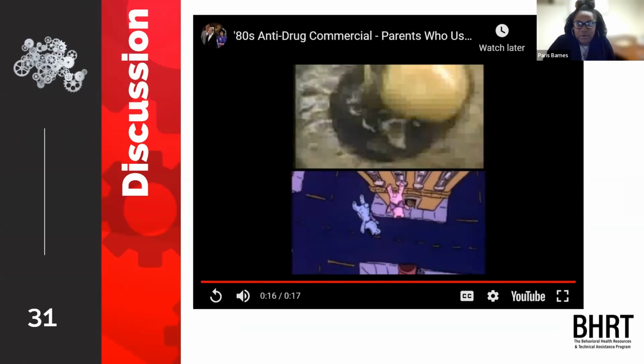One thing I'd like to point out also is that it places blame. And I think we all know that research does show that in cases where parents or guardians use substances, so do the children. So the research behind it is not 100% off. However, if you really look at the ad, the dad doesn't seem like he wants to stop smoking.